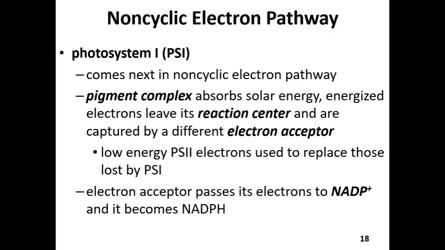NADP will also grab the hydrogen ion that flowed from higher to lower concentration down that concentration gradient through the ATP synthase molecule. NADP attaches to that and grabs that electron, becoming NADPH, which will then move into the Calvin cycle.